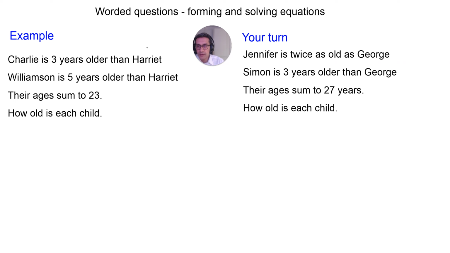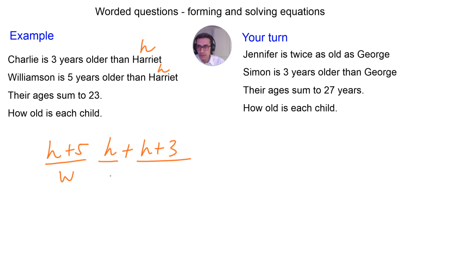So we're just going to call Harriet's age H. So if Harriet is H years old, Charlie is 3 years older, so that would be H plus 3, because that's Charlie's age. This is Harriet's age. And Williamson is 5 years older than Harriet, so Williamson would be H plus 5.